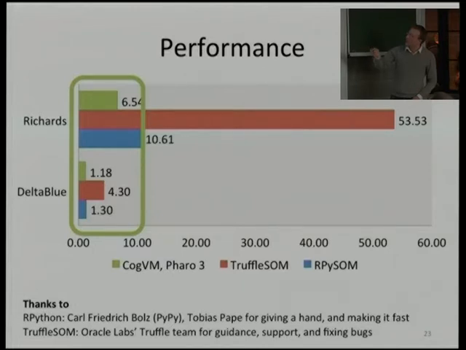So on Richards, we are within a factor 10, which is more or less our goal, so just barely slower than Cog as well. The Truffle version here, unfortunately, still stumbles into some bugs here and there. Just recently, the Oracle guys thankfully fixed a couple of things for me.